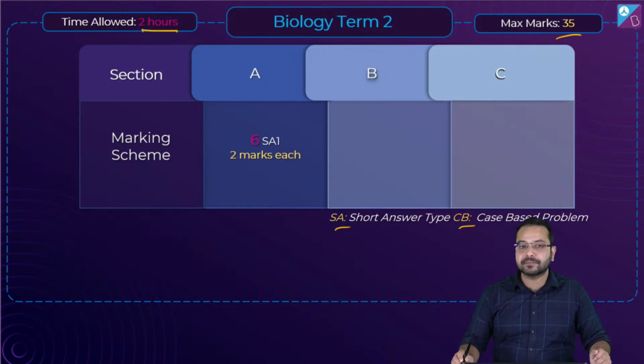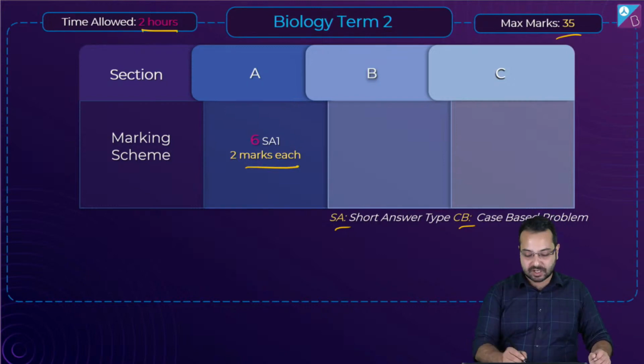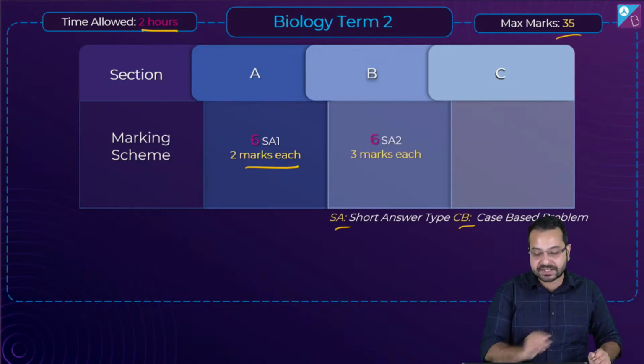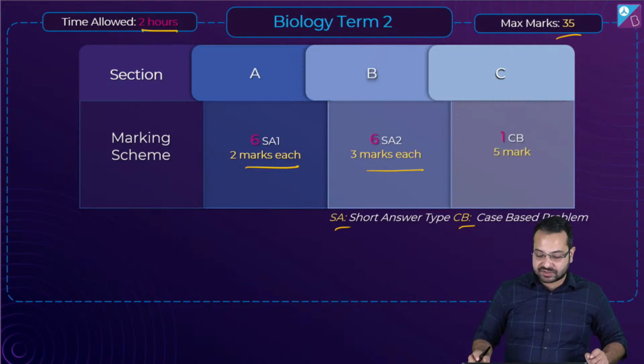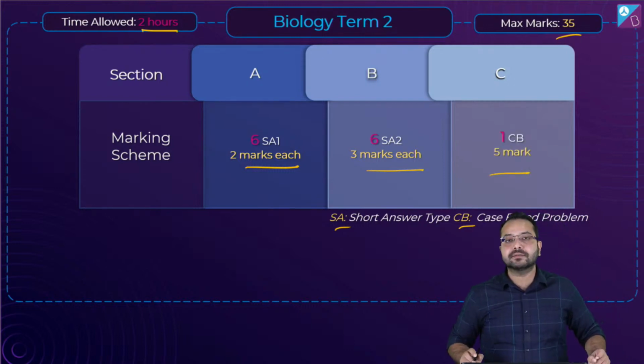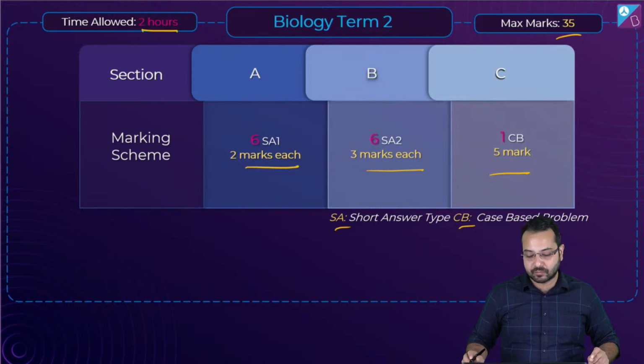In section A, there are going to be 6 short answer type questions carrying 2 marks each. In section B, there are going to be 6 short answer type questions which carry 3 marks each. And in section C, there's going to be 1 case-based question, which is going to carry 5 marks.